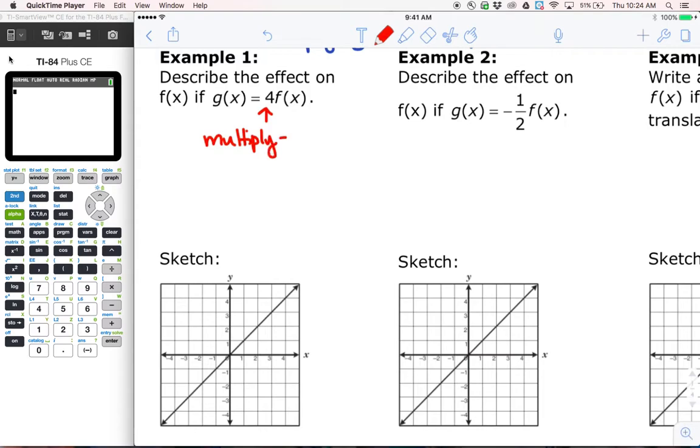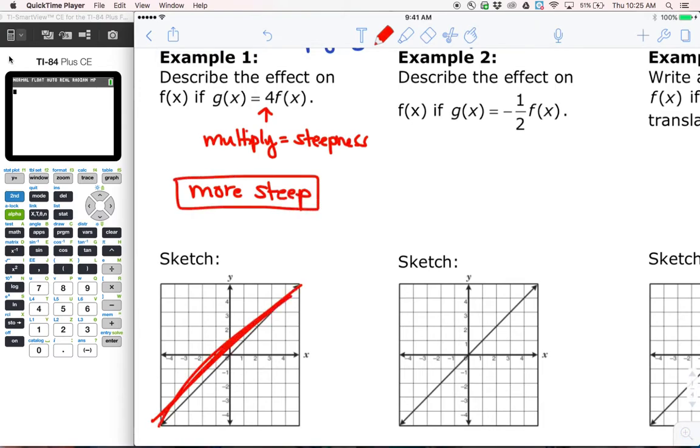So you know that means it's going to change steepness. If it's a number bigger than 1, it's going to make our line more steep. Drawn below is my original parent function line, so a steeper line than that might be something like this. That's definitely a steeper line.